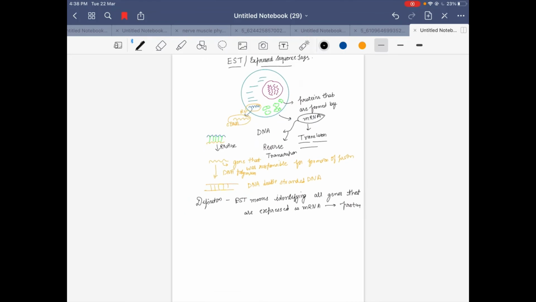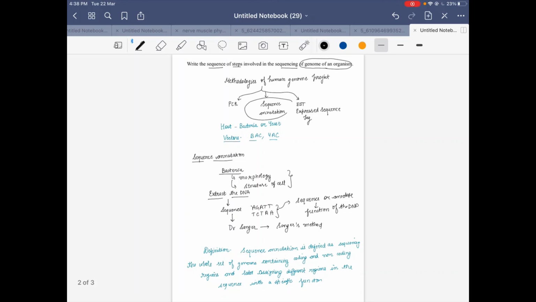So these were the two methods, sequence annotation and expressed sequence tag. These were the two methods for the sequencing of genome of an organism. The PCR will be studied in the chapter of biotechnology. Thank you.